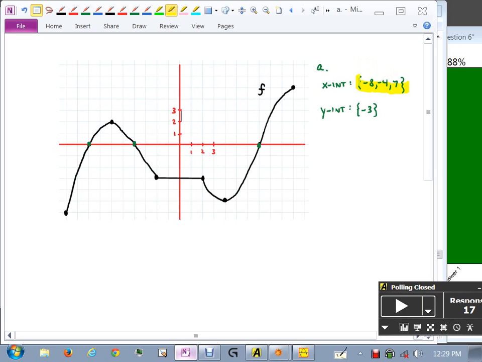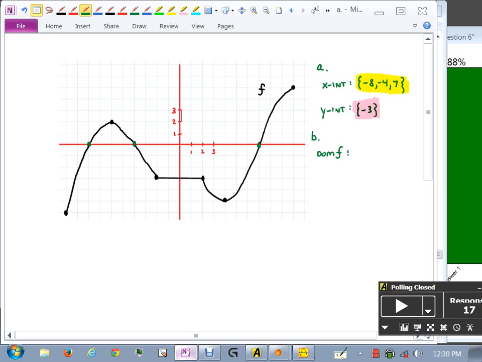If I'm highlighting in yellow, these correspond to X values. And we'll use the pink, in the Valentine's Day spirit. Pink is going to be Y values, all right?